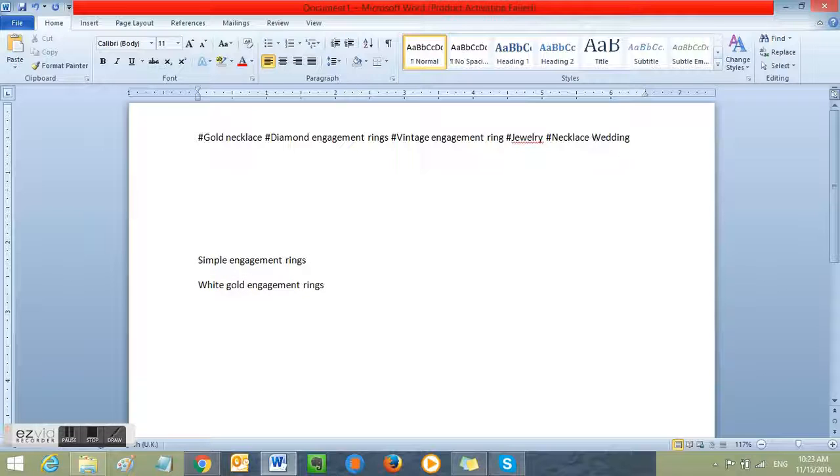Now it's worth noting that 2 or 3 word phrases we have to go through each time and put them as one word. So diamond engagement rings, because it's a hashtag, this way it will work. Vintage engagement ring, so this is the singular form. Jewelry and necklace and wedding, and this is the list ready. We can use other hashtags, but these are the most relevant.